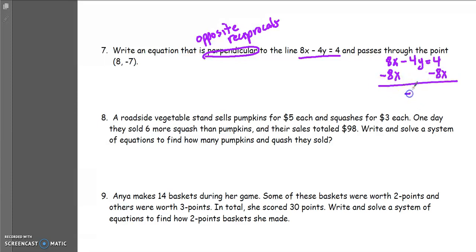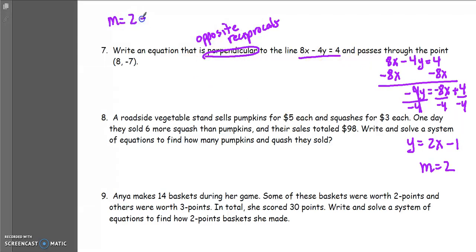So I move my 8x over, and then I will divide everything by -4. So now I have y equals a positive 2x minus 1, and so my slope is going to be 2. But if I want it to be an opposite reciprocal, that means I need it to be a -1/2.